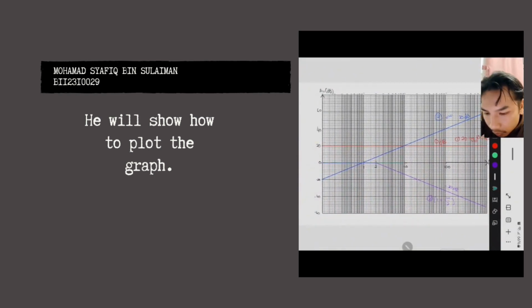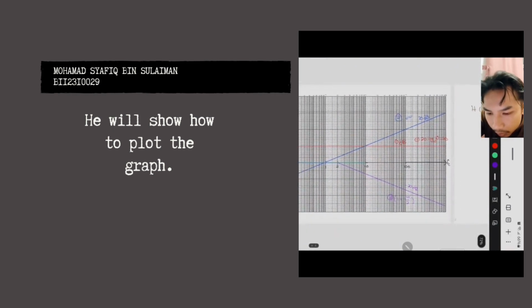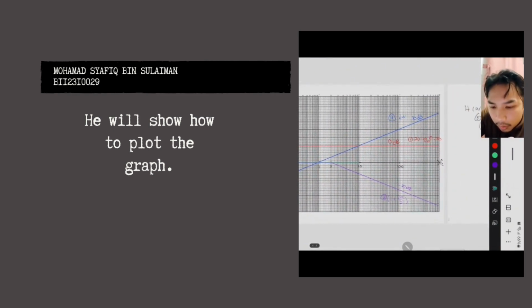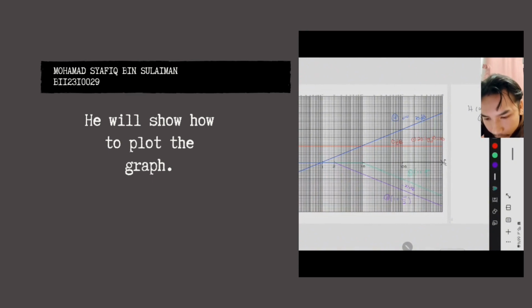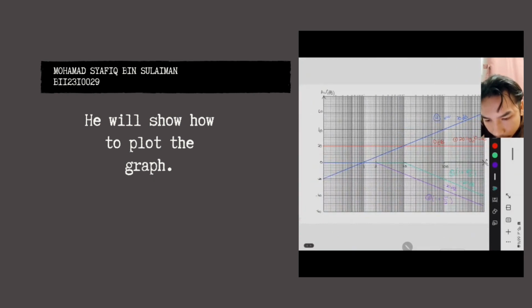Like this until 10, and then the slope goes down at negative 20 dB. So we already plot the graph of the 4 transfer functions.